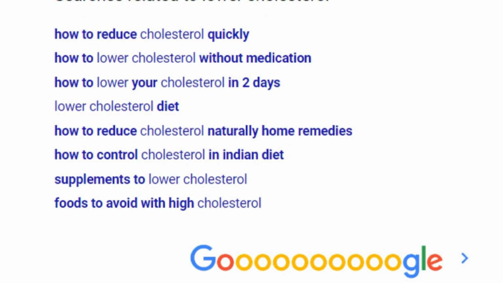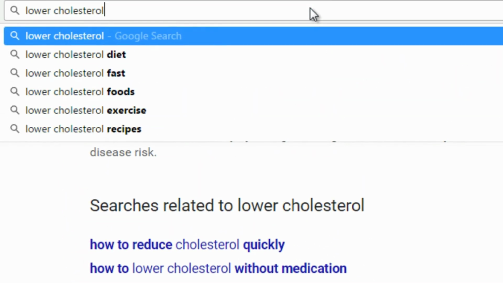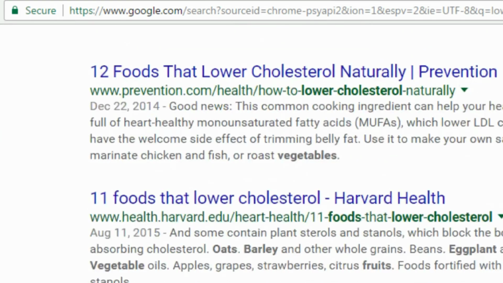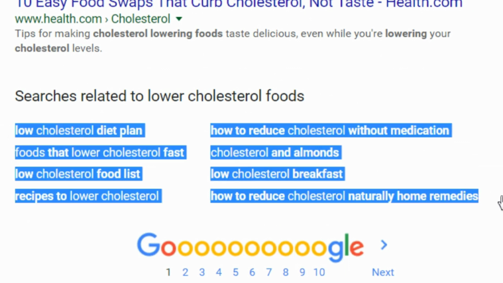Let's say we want to search for lower cholesterol foods. If you scroll all the way down to the bottom, you will see everything related to lower cholesterol foods: cholesterol in almonds, breakfast, food list, recipes, how to reduce it naturally without medication.